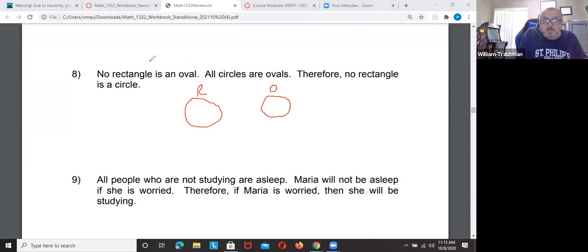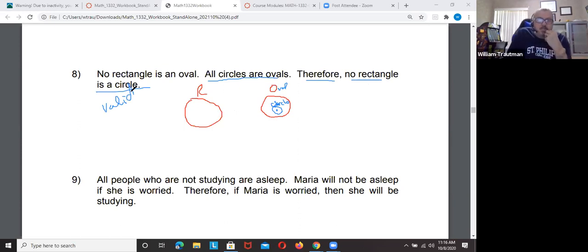Next, I'm going to draw it in blue. All circles are ovals. So that's an oval, and here's a circle. Do you see all the circles are inside the ovals? Okay, so that looks good. Therefore, no rectangle is a circle. That's true. No rectangle has a circle in it, so it is valid.